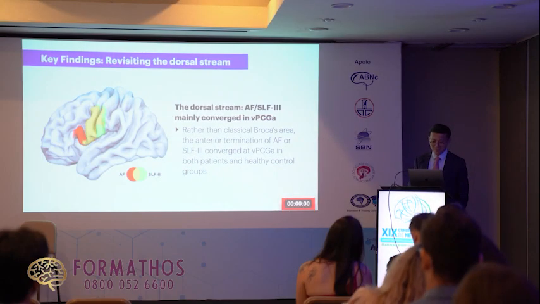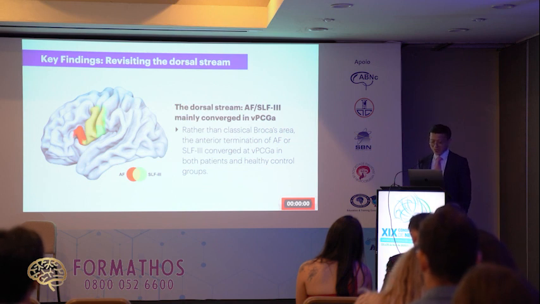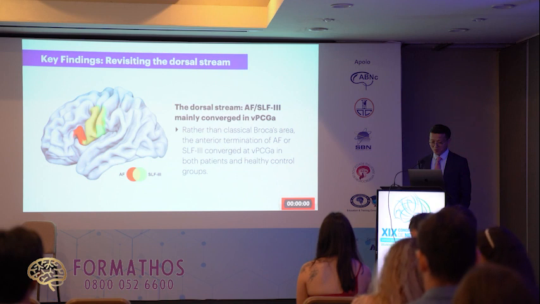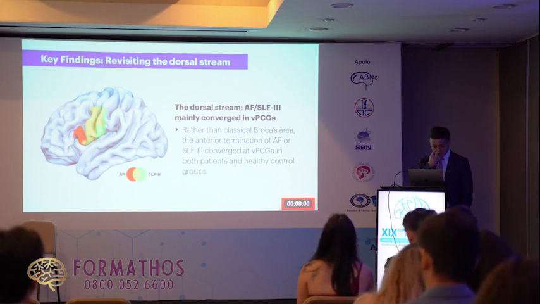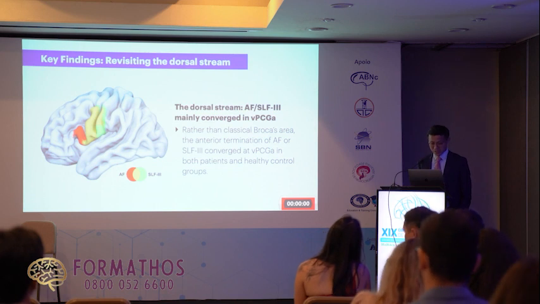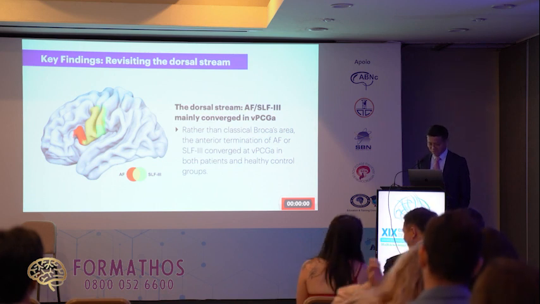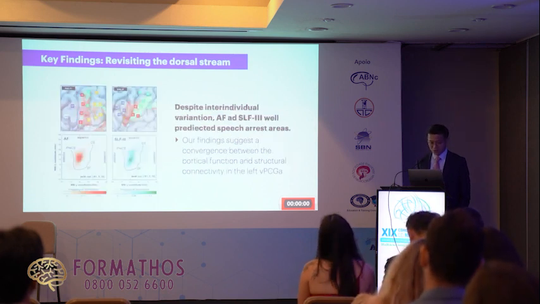The second key finding is that the dorsal stream, the arcuate fasciculus and superior longitudinal fasciculus part 3, mainly converged in the ventral precentral gyrus rather than the classical Broca's area. The anterior termination of the arcuate fasciculus or superior longitudinal fasciculus part 3 converged at the ventral precentral gyrus in both patients and healthy controls.